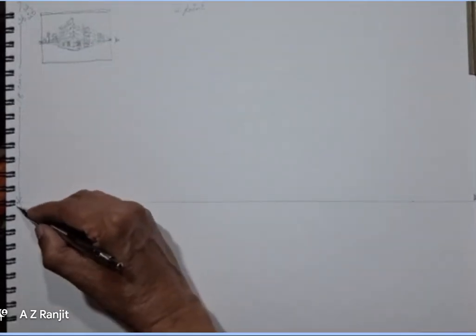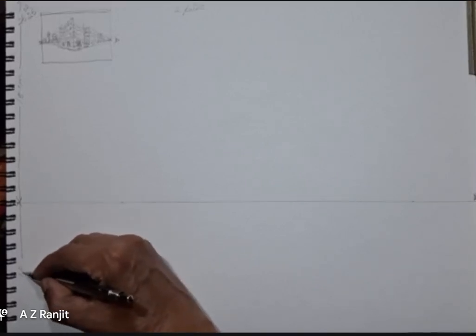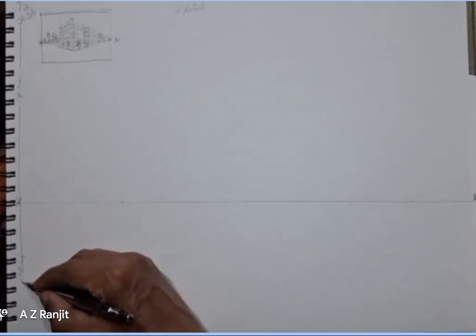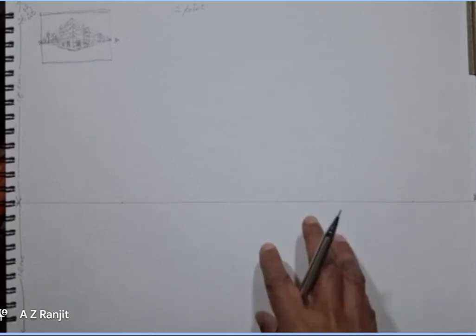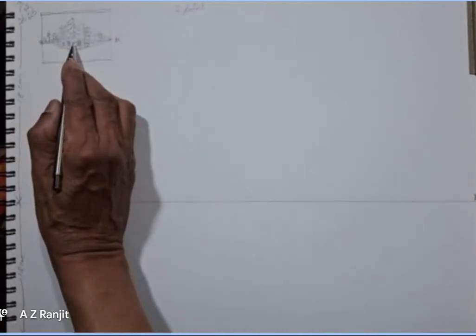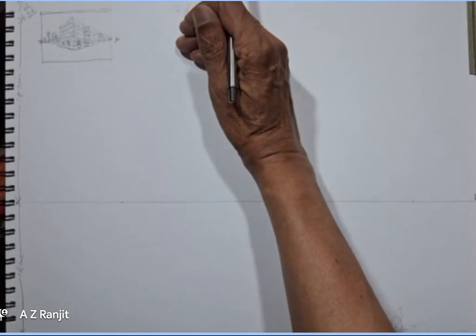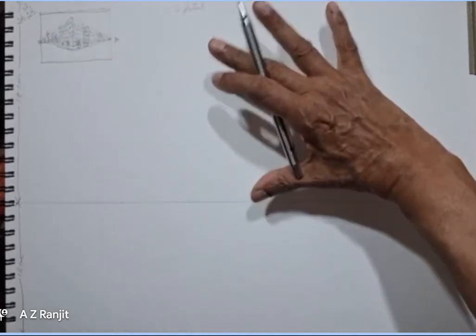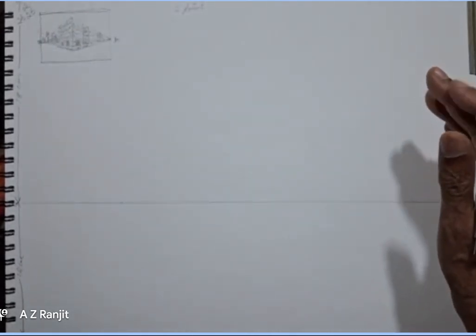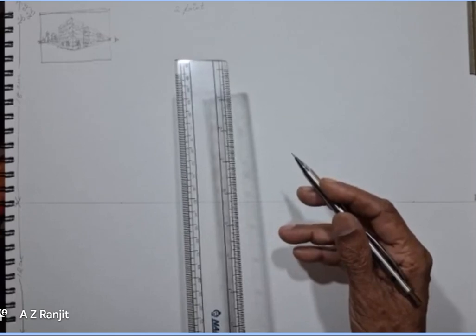Yeah, this I did as 12 centimeters and 18 centimeters, so that this will be less and that will be more. So that the buildings, now as you can see, more of the building is above eye level. So give it more space. That's why I did that. Now we can take it in the center. Thank you very much.